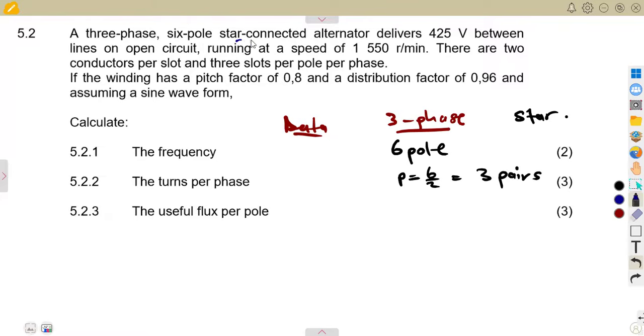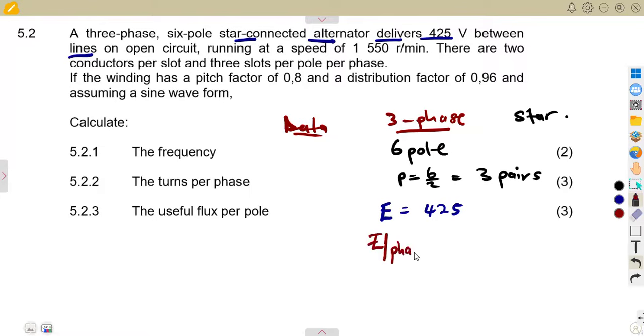Okay. A star connected alternator delivers 425 volts between lines on the open circuit. So this is VL for the line, or E for the line. I don't know which way you're going to take it, as E or as V, but this is for the line. What you need in the formula is the E per phase.